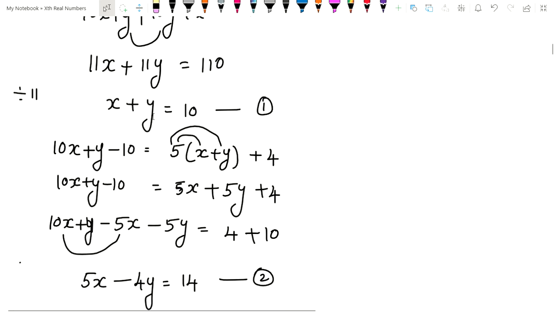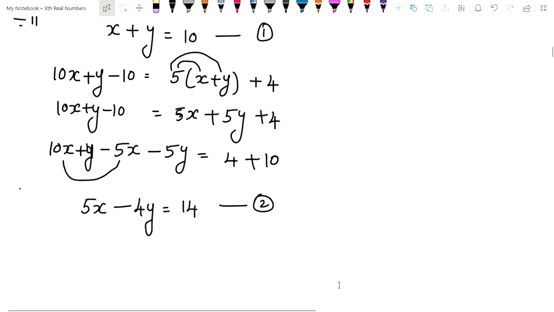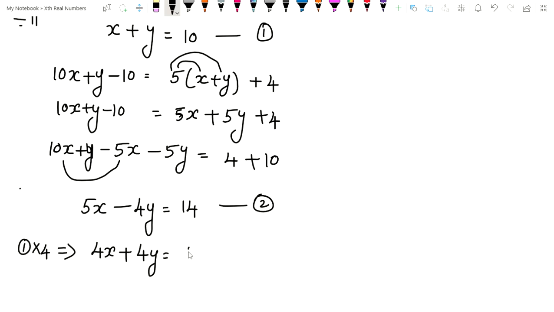So I am going to multiply the first equation with 4. So 4 into x, the first equation into 4, 4x plus 4y equals 40. 4 times 10 is 40. The second equation you write as it is. 5x minus 4y equals 14. Okay, this is the third equation.